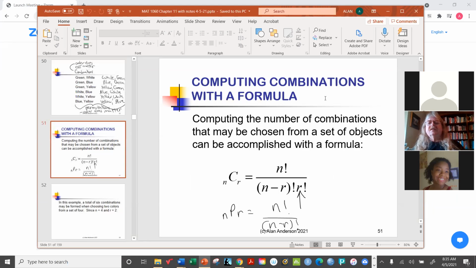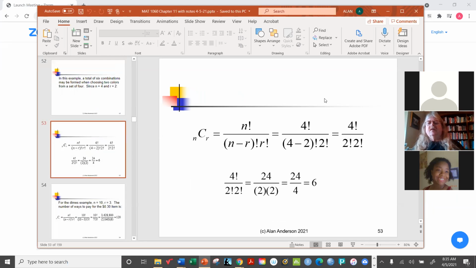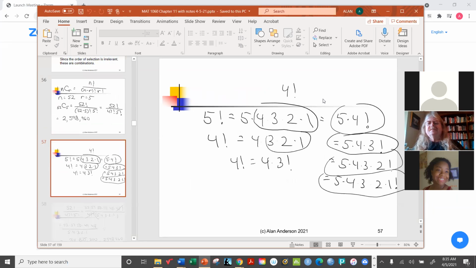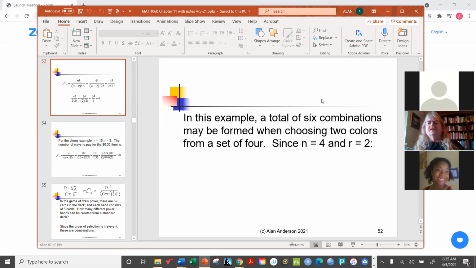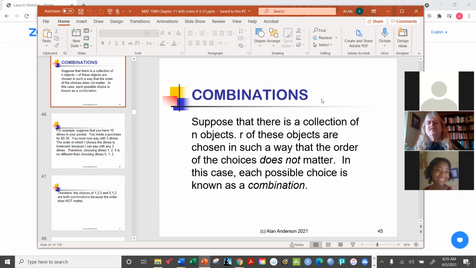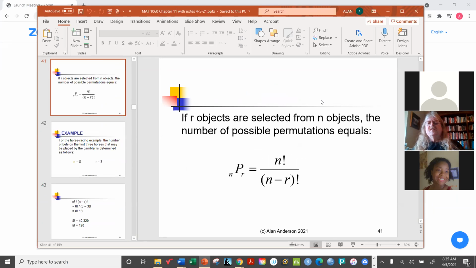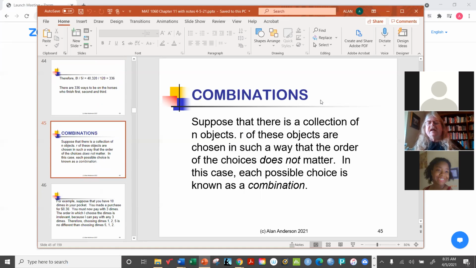For example, we did this, where are we? We did one with toppings at Haagen-Dazs. Where is it? Huh. Okay, I must have slipped it in on the other one. Hold on one second.